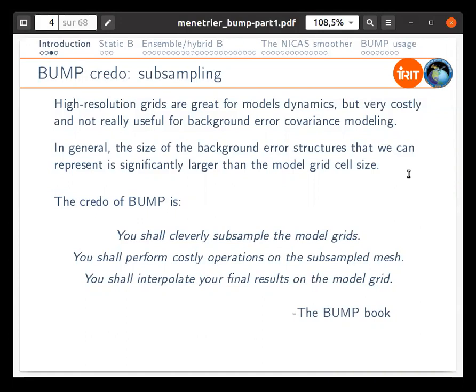So the basic ideas behind BUMP are, first, to subsample the model grids, so extract a random subgrid from the original grid, perform all the costly operations on this subsampled mesh, so to reduce the cost, and finally interpolate the results on the full resolution model grid, but just at the end.